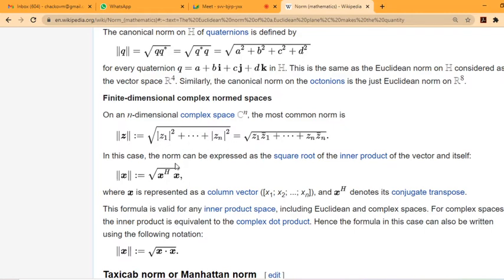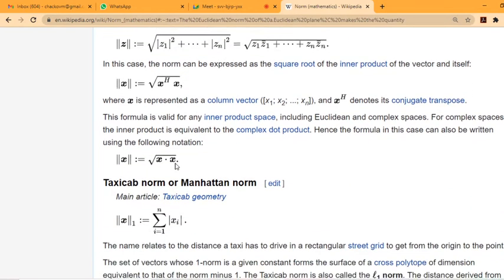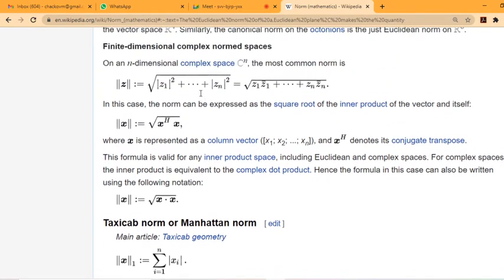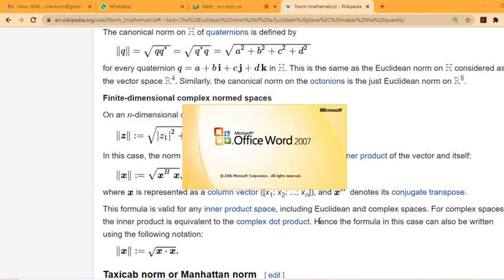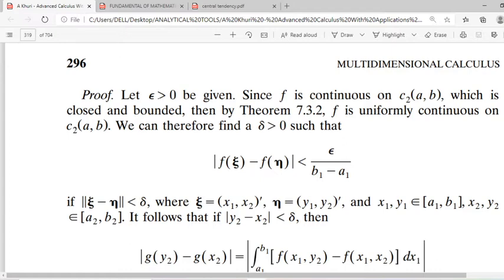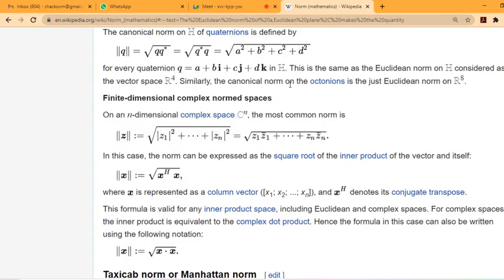But if we take the difference between two points, the norm will be the root of y1 minus x1 square plus y2 minus x2 square. I will show you by example.